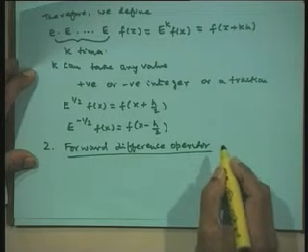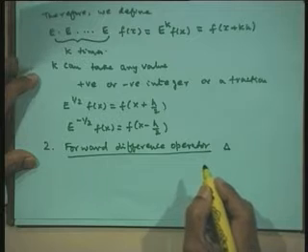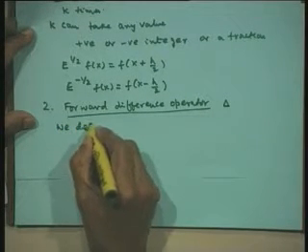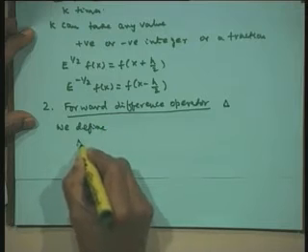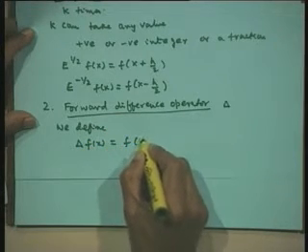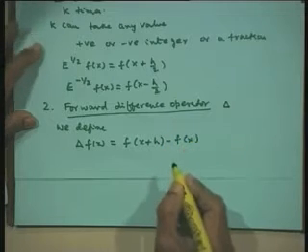We shall give the notation delta for the forward difference operator. We define delta operated on f x as f of x plus h minus f of x.